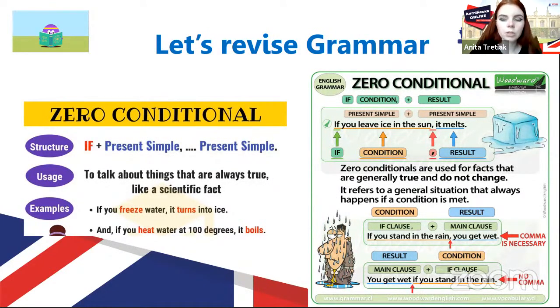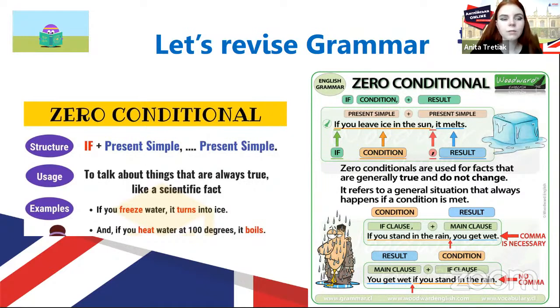Again, this condition, if it's true, if you take water and if you heat it at 100 degrees, you can have the water that boils, and it means that you can, for example, make some tea for you. And always, if you make this 100 degrees, then it always boils. So that's a scientific fact too.